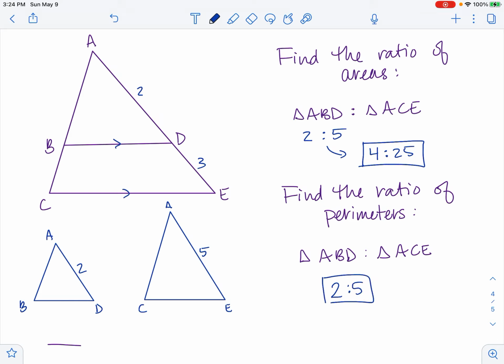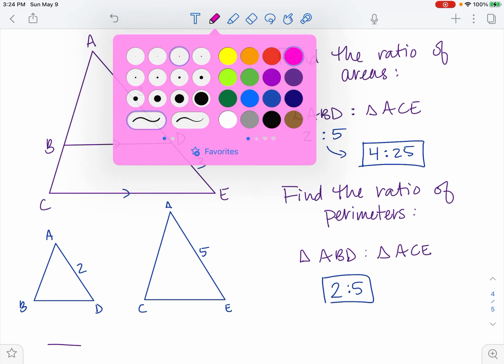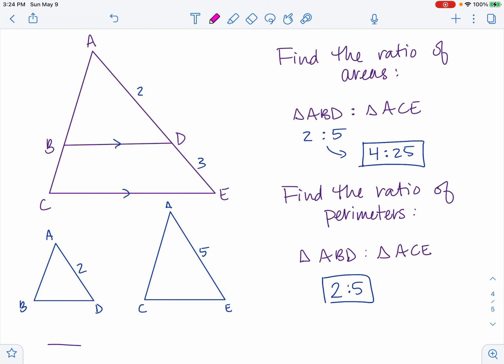There is one other thing that we can talk about in this picture, though, that's going to be really important. This area is 4 parts when this area is 25 parts. Back on my original picture, I could now compare the triangle to the trapezoid that's on the bottom.